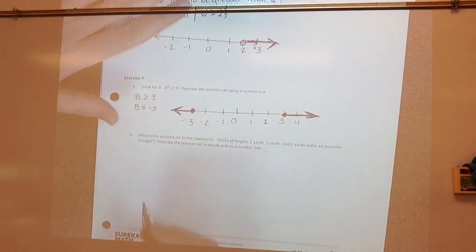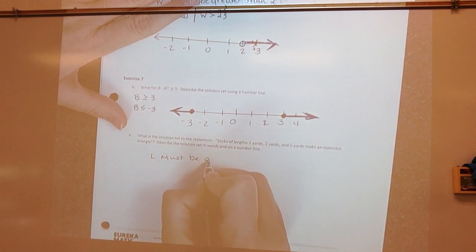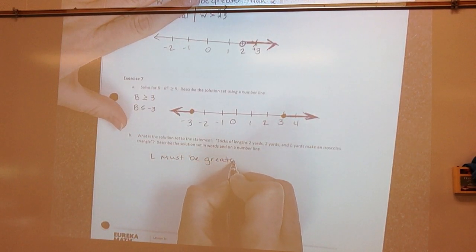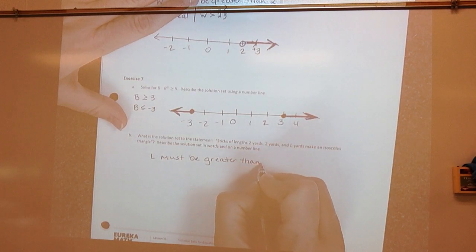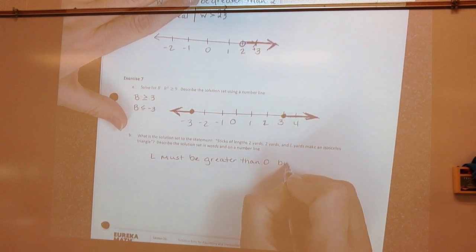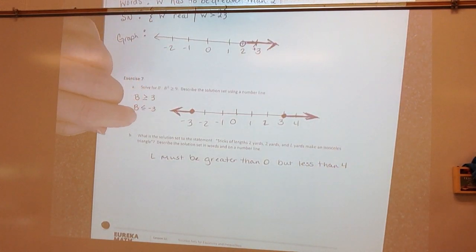All right, so L must be greater than 0, because I can't have a length of 0, but less than 4. Because when I'm drawing an isosceles triangle, my third side has to be smaller than the sum of the 2 sides.